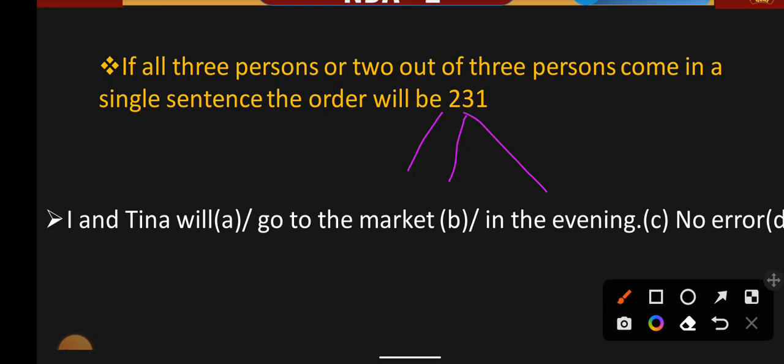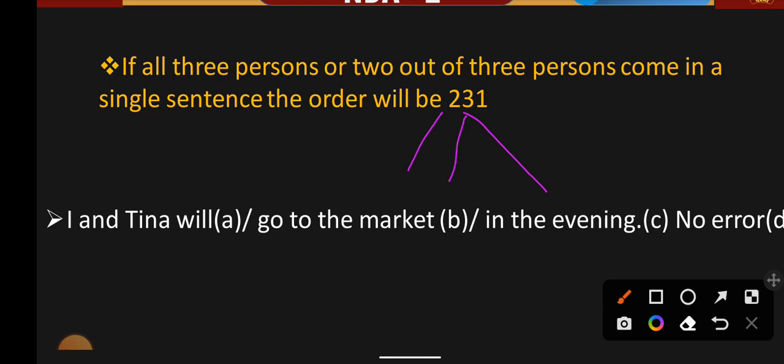And what is the idea behind following this? You will also find this secret. What is the idea behind following this 2 3 1, and why you can't follow 3 2 1, 1 2 3 and so on? Stay tuned.